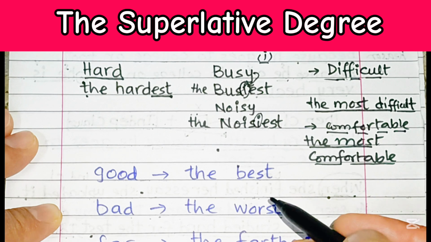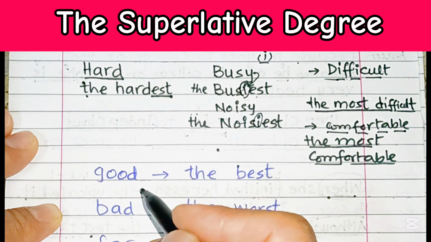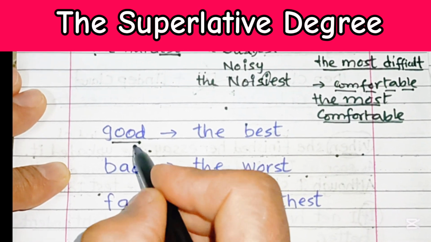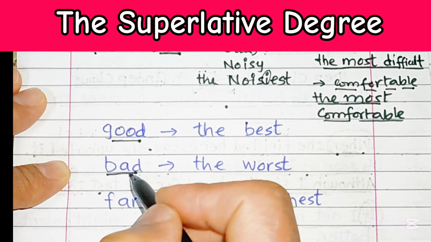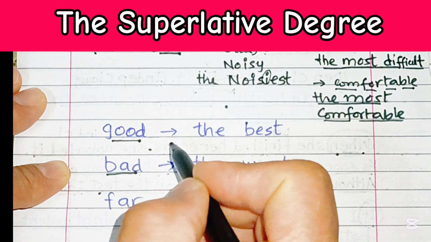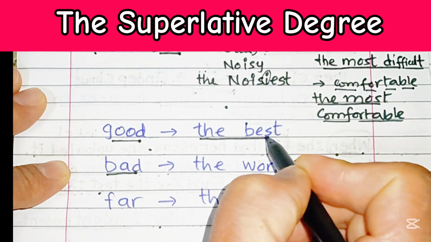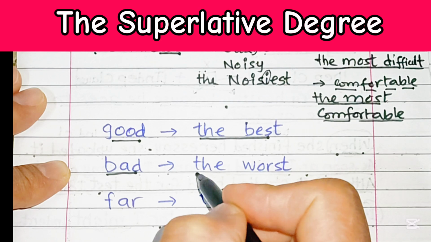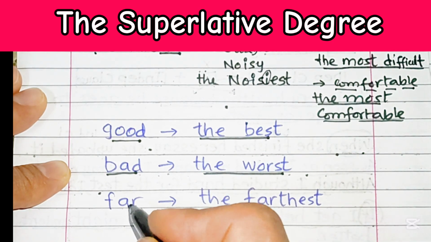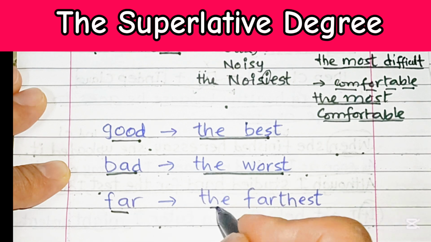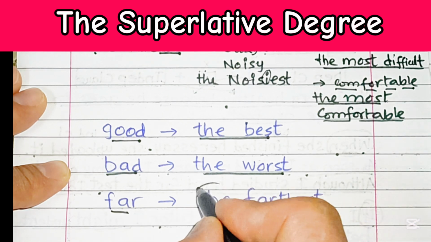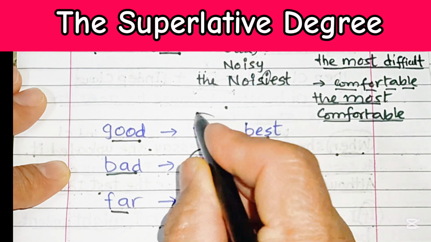There are also some irregular adjectives such as good and bad. To make the superlative from good, use the best, and for bad, use the worst. Also, far becomes the farthest. In these cases, we have to add the article the before these words.